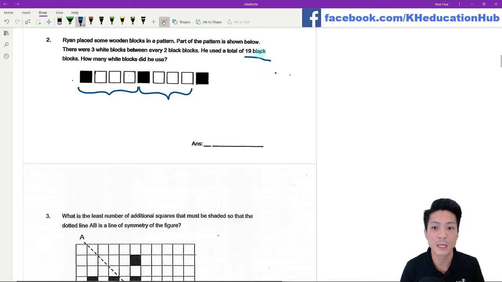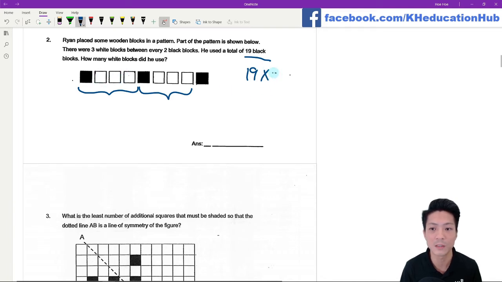Since there are 19 black blocks, that means there will be 19 of this repeating pattern. In each repeating pattern, there are 3 white blocks.